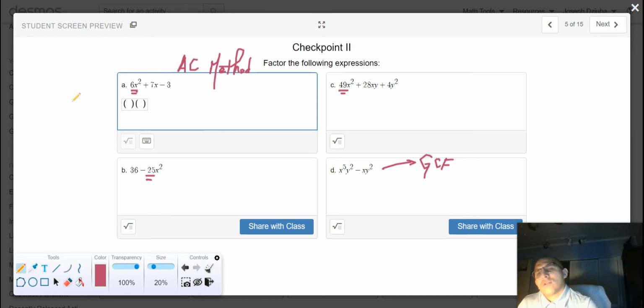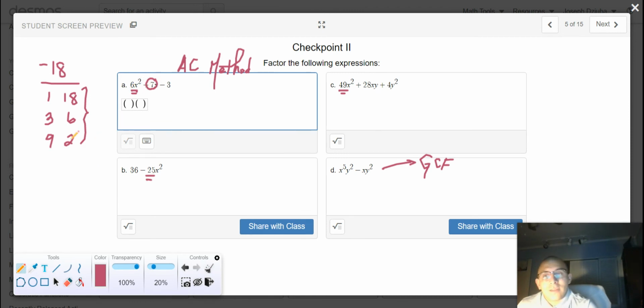So what I strongly encourage you to do is take the leading coefficient, 6, multiply it by our constant, which is 3, and we arrive at negative 18, right? We need to list the factors of 18 that will provide us with a sum of 7.